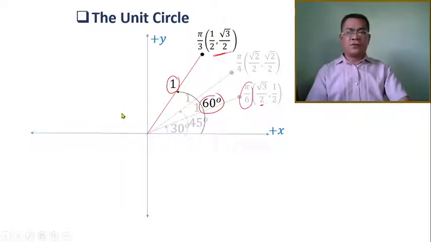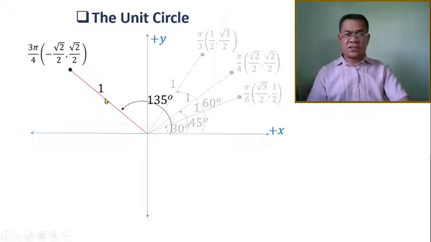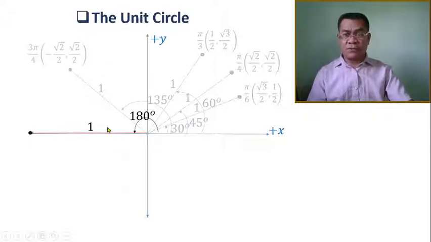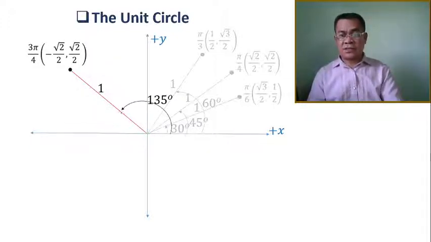Now suppose the angle is 135 degrees. This is a special angle because the reference angle is 45 degrees, since 45 plus 135 is 180.